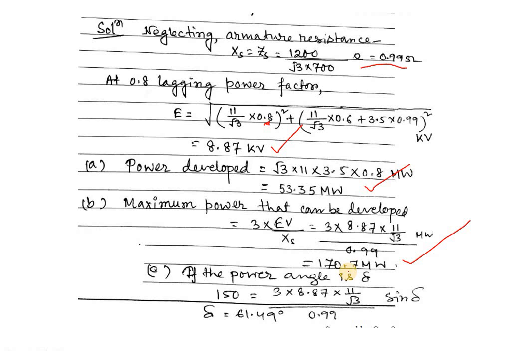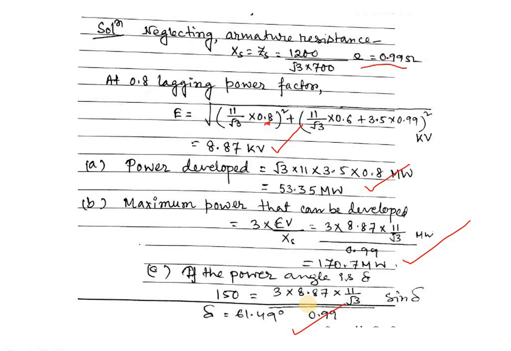Now, if the power angle is delta, we will calculate the angle delta using this: 150 equals 3 into 8.87 into 11 by root 3 sine delta divided by 0.99.